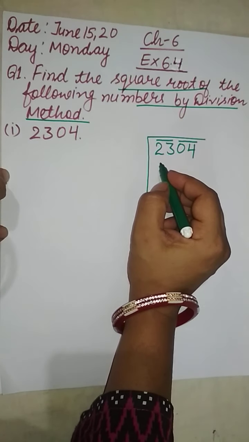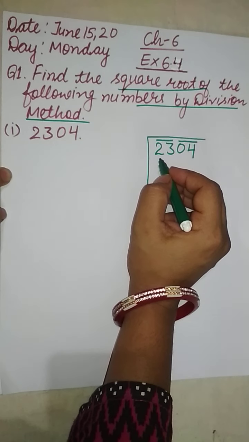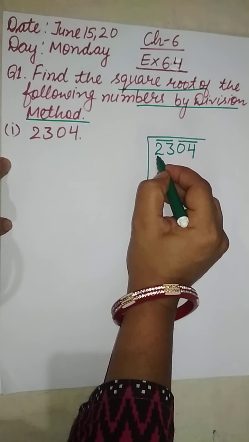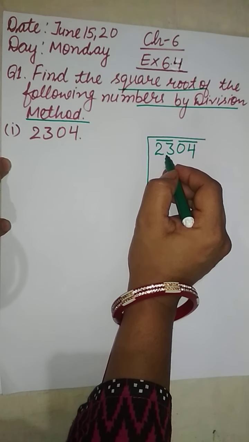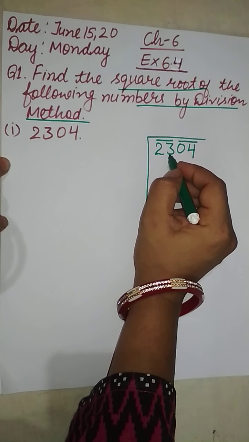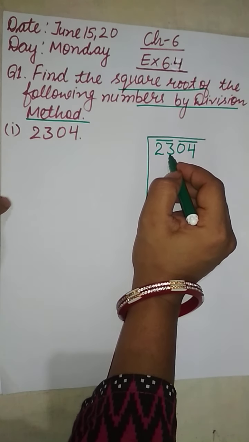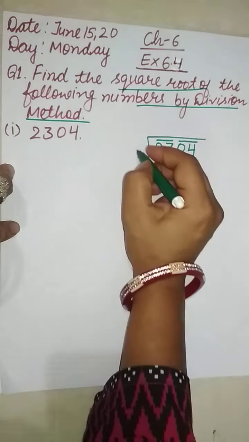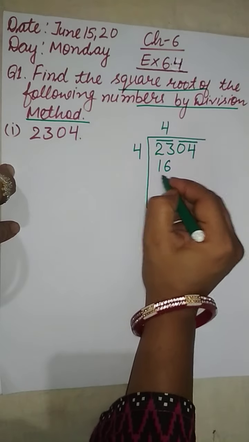Now the next step after making the pairs is to find a square number which is either equal to this number or less than it, as we do in division. Now as 23 is here, near 23 the two square numbers are 16 and 25, but 25 is greater than 23, so I'll write here 4, 4 fours are 16.